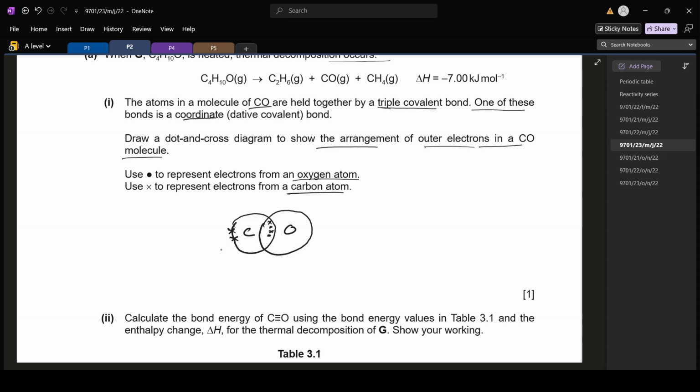The oxygen forms a dative bond like this, and it has six electrons in its outer shell because it is a member of group 16, or group 6 you can say. Four of its electrons are shared between these two atoms, and two of its electrons will be here. So this is the dot and cross diagram of carbon monoxide.